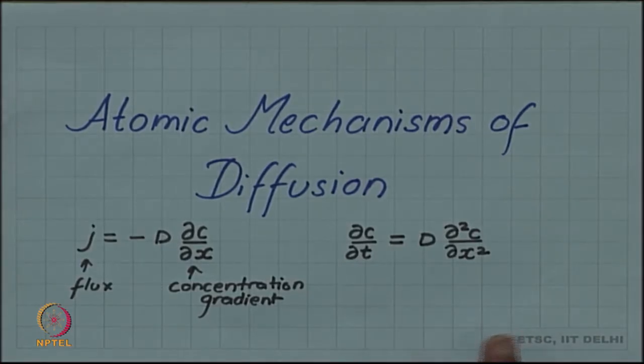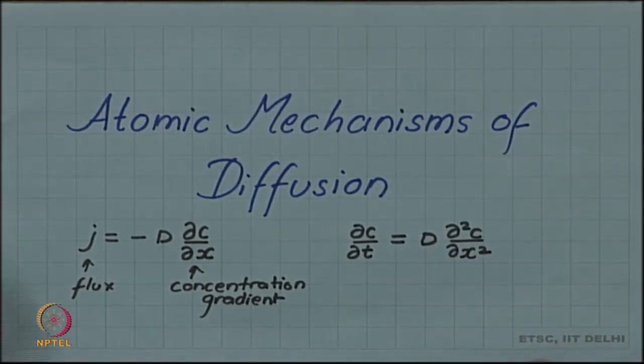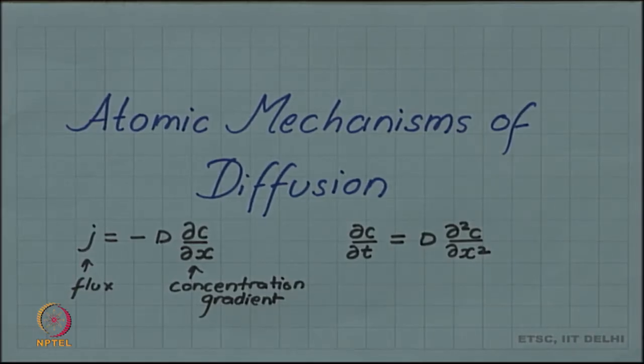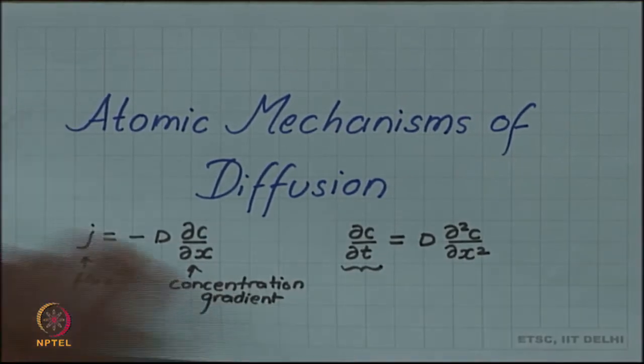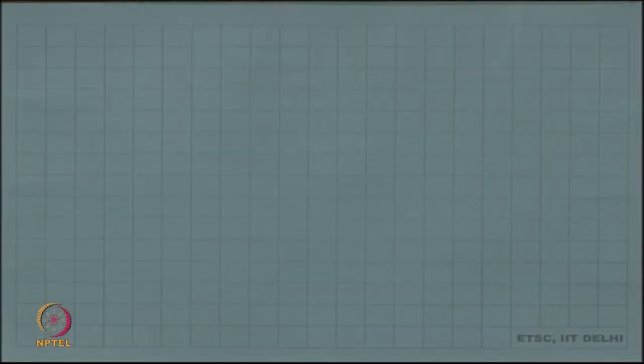So, it is important to look at the diffusion process in terms of what atoms are doing inside the crystal, how actually the atoms move to create this diffusion, to create a change in concentration with time, which is the part of the second law, and so on. So, we will look at the atomic mechanisms.